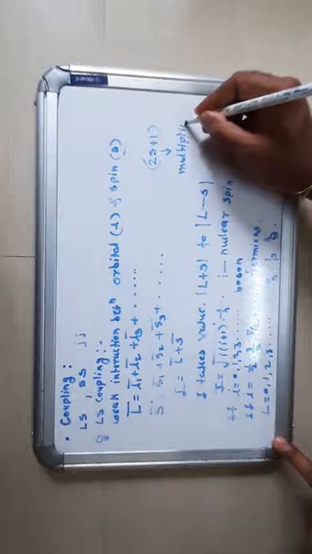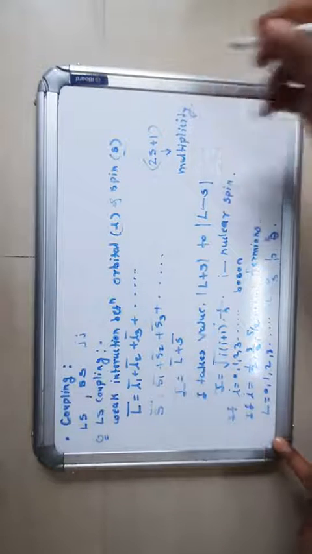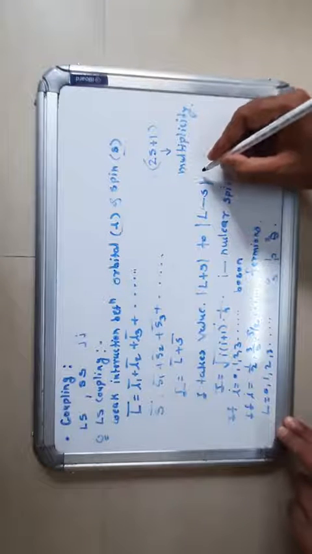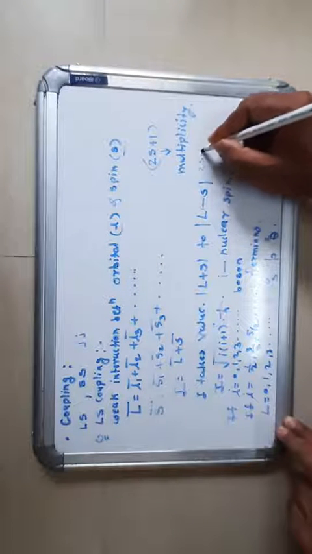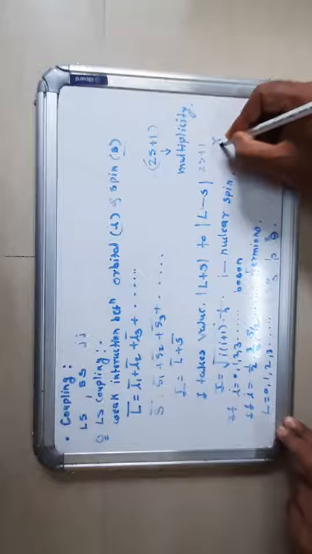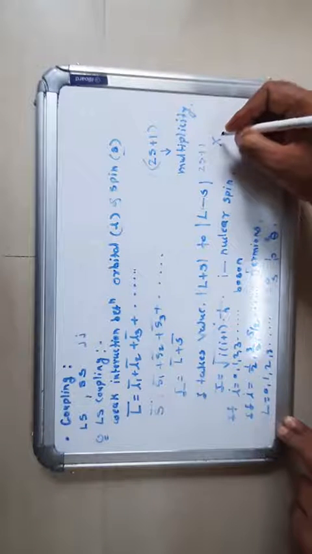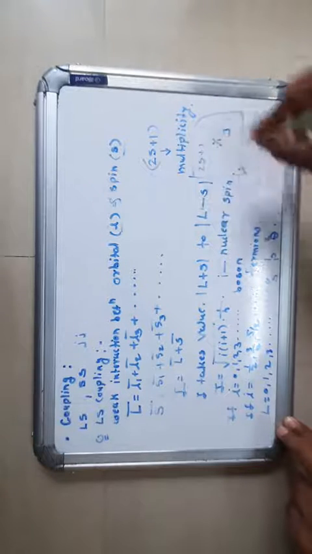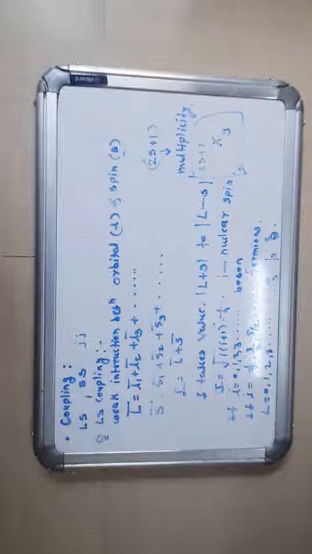Multiplicity, must remember this. 2S plus 1 is called the multiplicity, and it is written as a superscript before the letter designating the L value. That means the spectroscopic term is written as 2S plus 1, X, subscript J, right. This is the notation of the spectroscopic term.